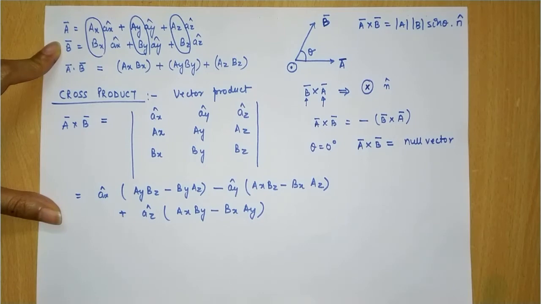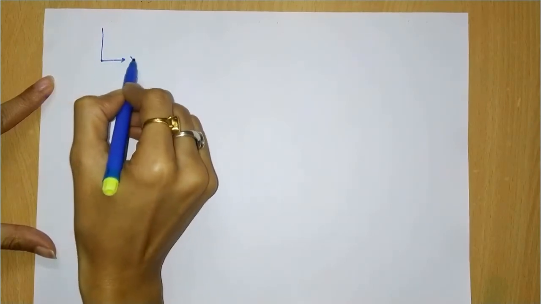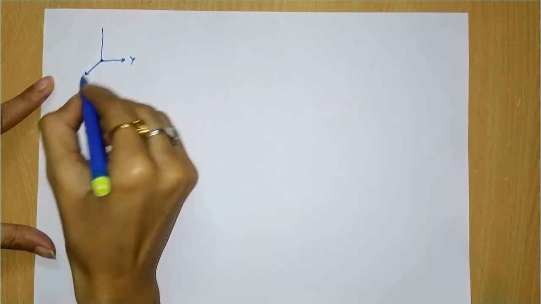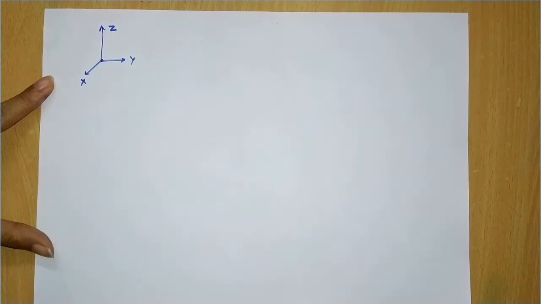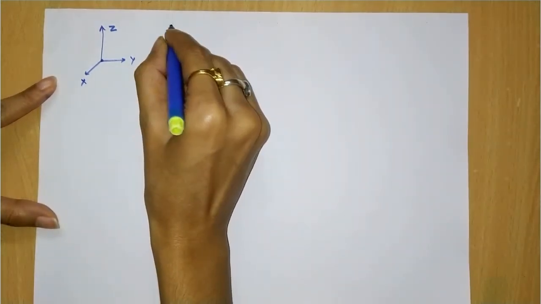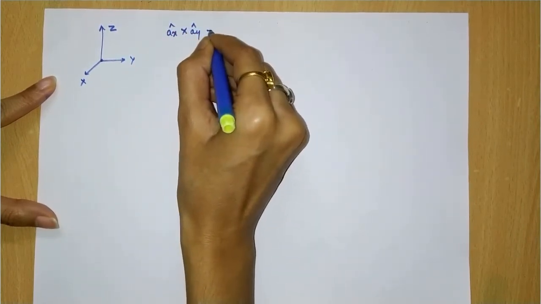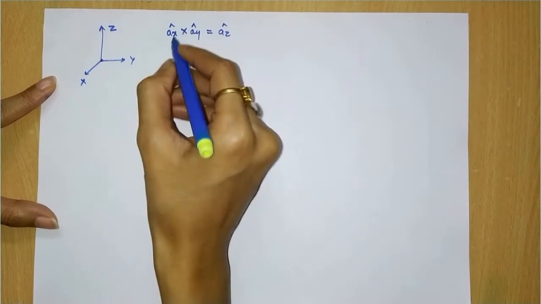Now for unit vectors, say we have this y, x, this is z. If we keep our fingers in the x direction and curl them towards y, then the thumb will be pointing towards z, that is ax cap cross ay cap is equal to az cap.